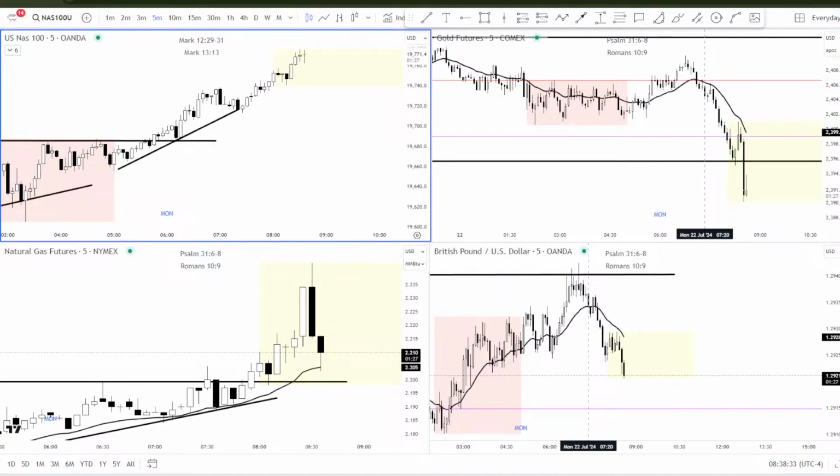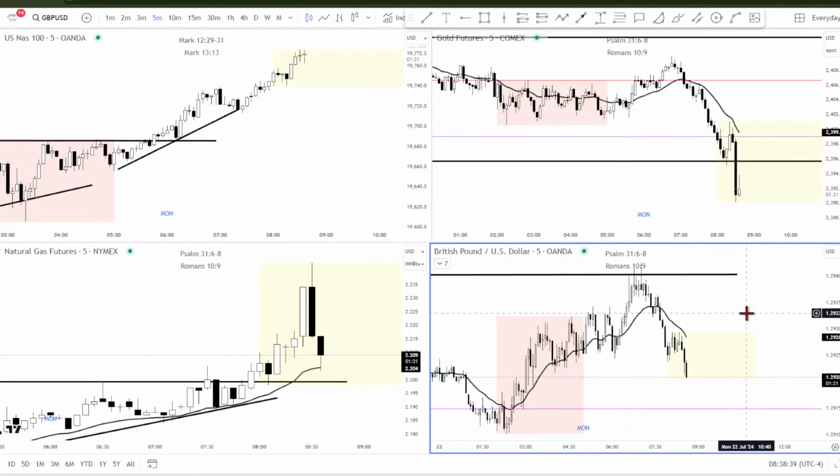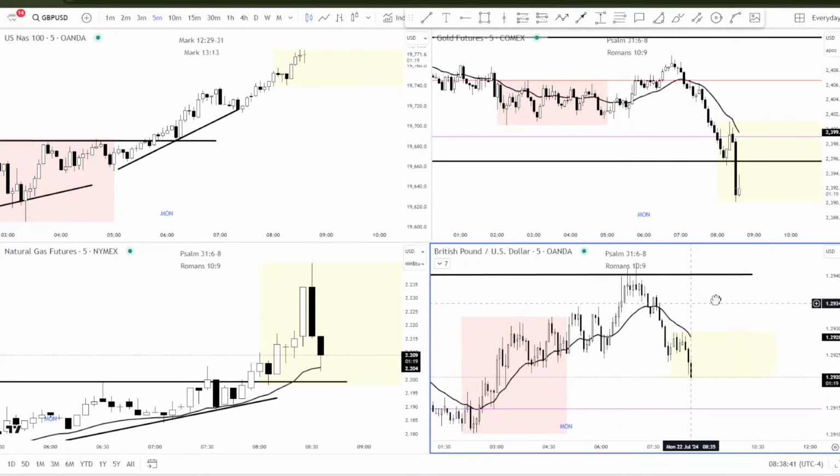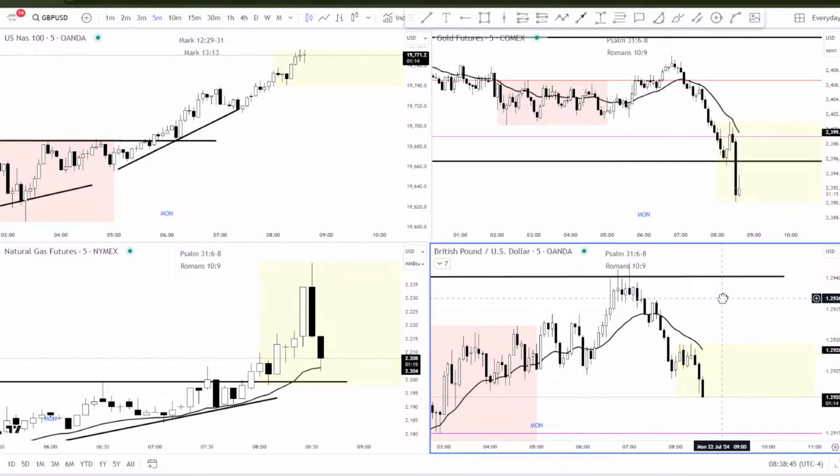Which they have not done yet. It's kind of looking like pound might have been a first hour entry.